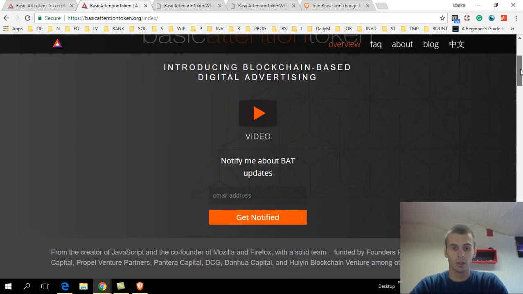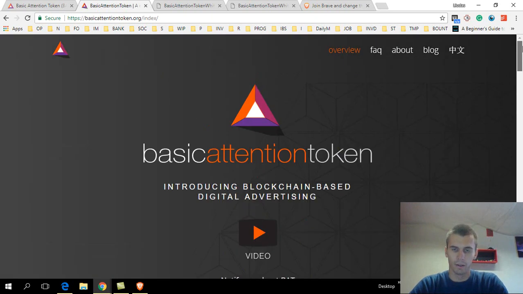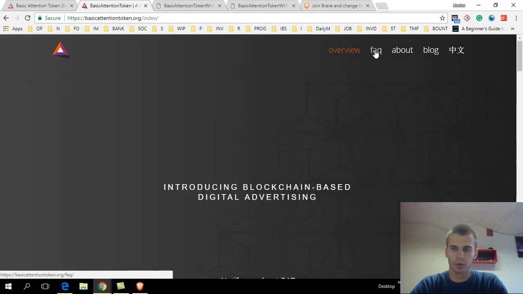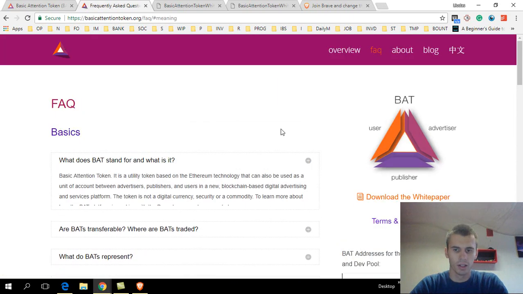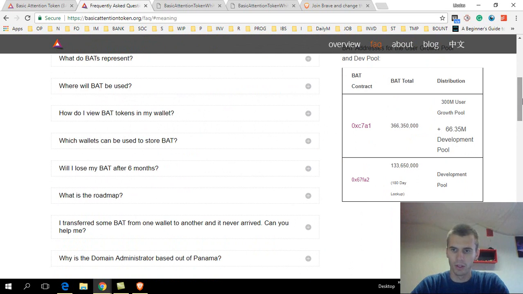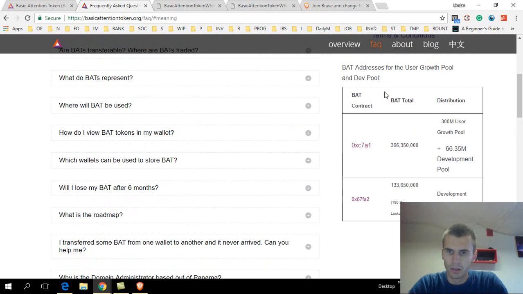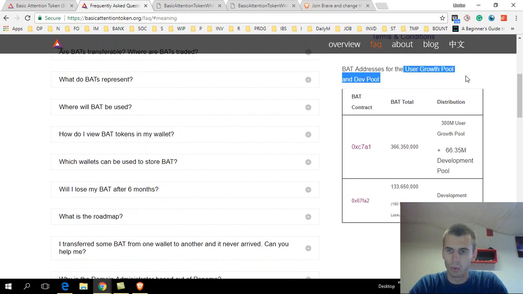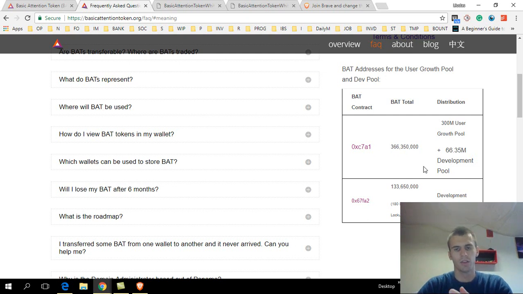So it's really going to be interesting how they are planning to also increase the user amount is the tokens. They have a growth pool allocated that we have over here, which is 366 million. So these are the unannounced, unreleased tokens.